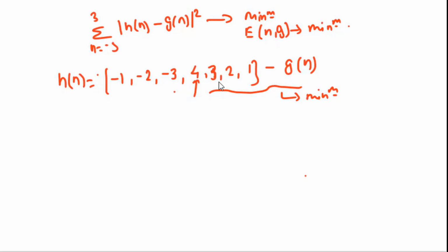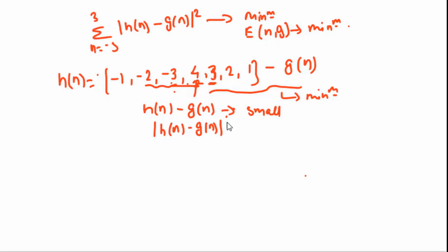If you subtract the values that have the highest strength, that is -3, 4 and 3, then h of n minus g of n will be small. So the magnitude of h of n minus g of n squared will also be small.